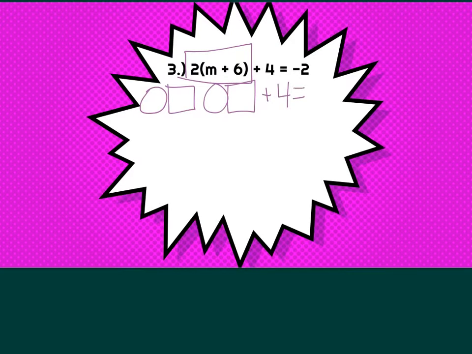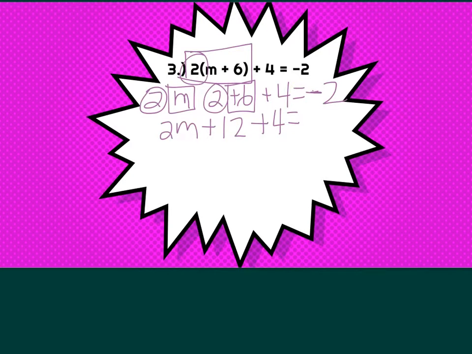Plus 4 equals negative 2. My 2 is what is being shared, so that goes into the circles. I have the m brought down and a positive 6. 2 times m is 2m. A positive times a positive is a positive. 2 times 6 is 12, and then plus 4. This should equal negative 2.